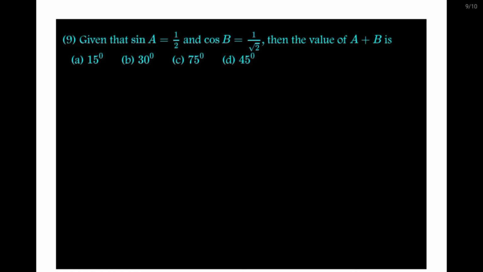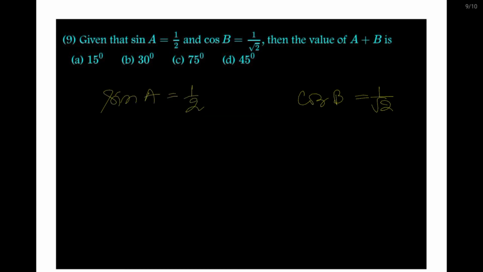Given that sin a is equal to half, and cos b is equal to 1 by square root of 2, we have to find the value of a plus b.